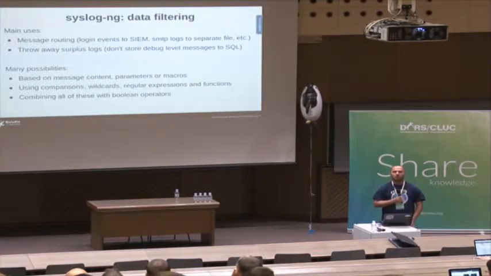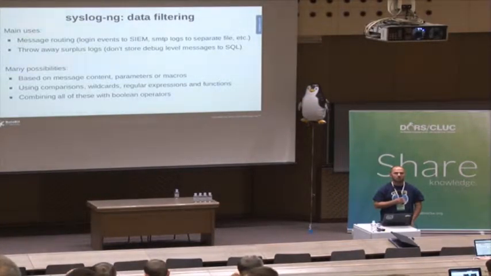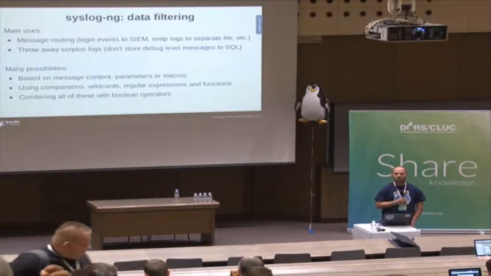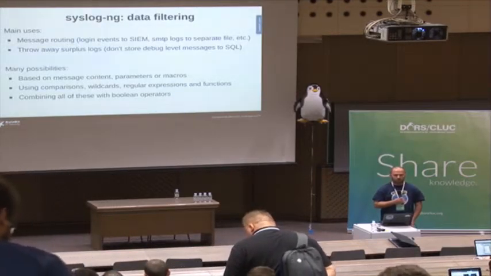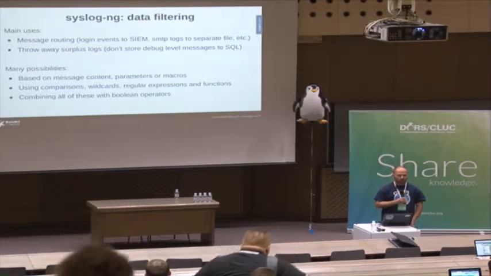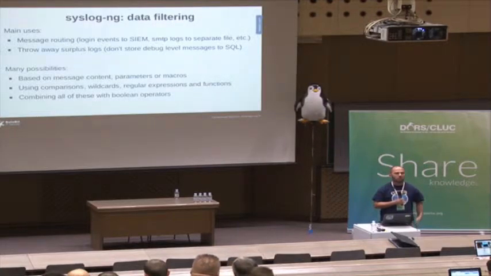Data filtering has two main uses. The first one is to throw away surplus log messages. For example, you don't want to store all debug messages. Or it's also used for message routing. So you send only your login events to a SIEM system, or to sort log messages to different files, you also use filtering.